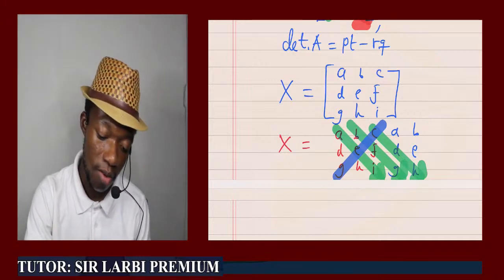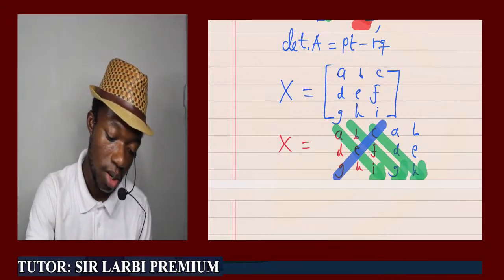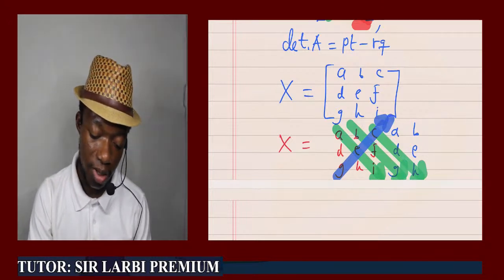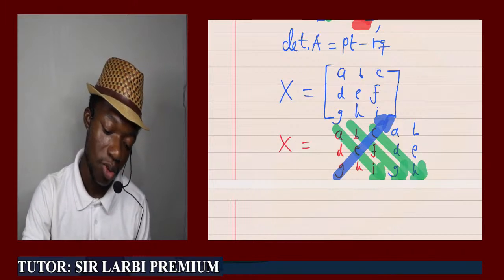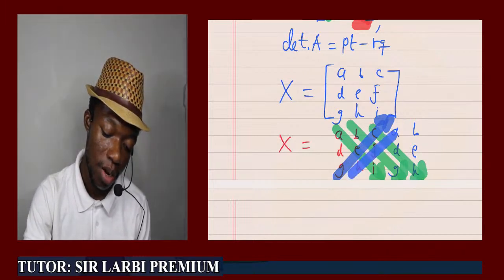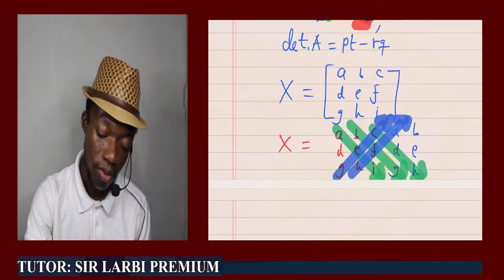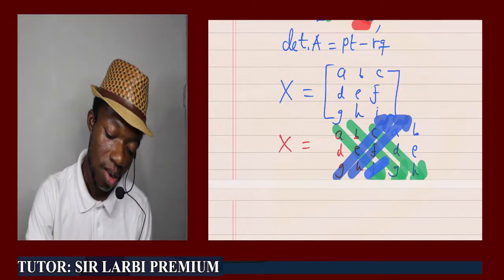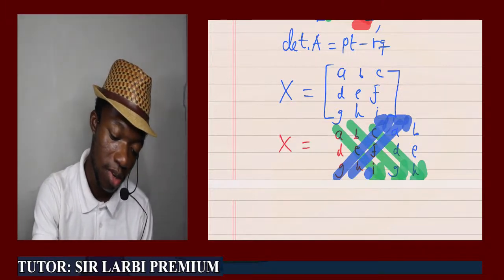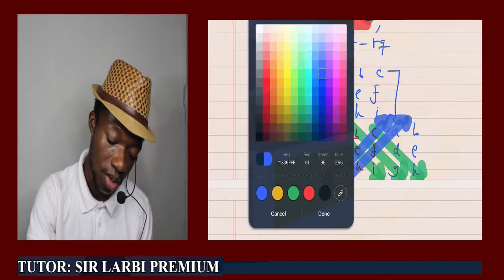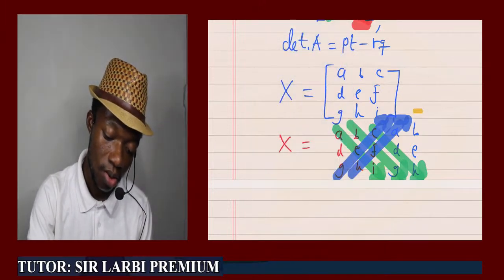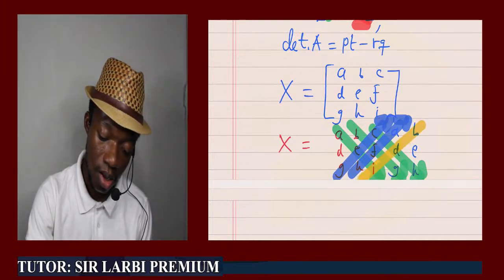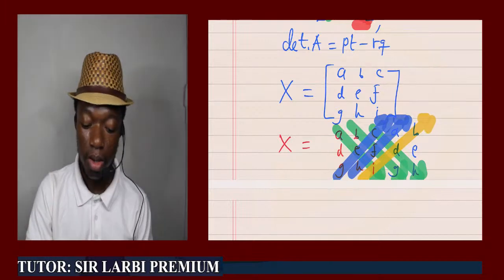Then for the second, we start from H, G, and A. Then you also have one from I. Let me choose a different color. Can I go for yellow? Yeah, something like this.